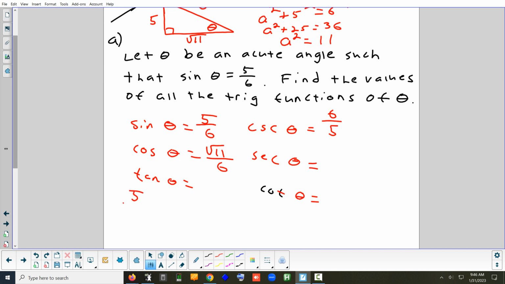Okay, I'm going to put that over here, 5 over the square root of 11, because we need to fix it by multiplying top and bottom by square root of 11. So what do we get for final answer for tangent? Yep. 5 square root of 11 over 11.